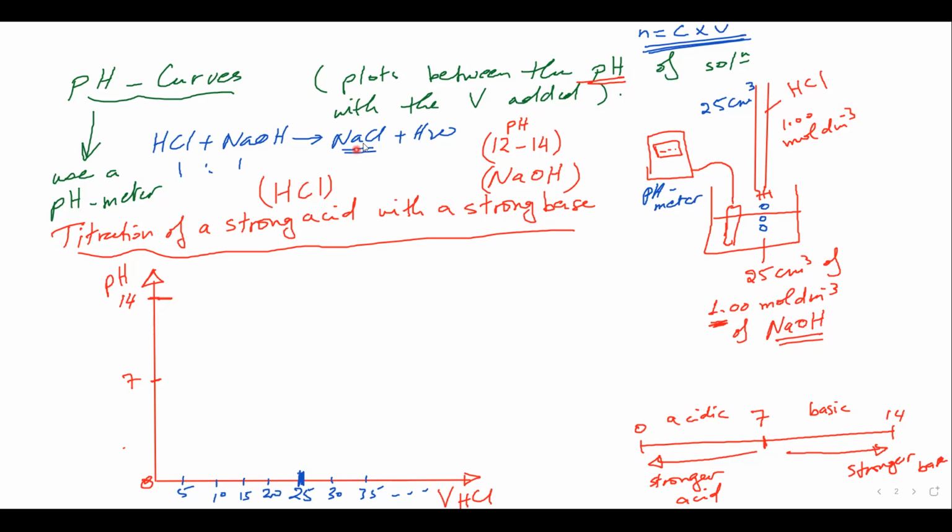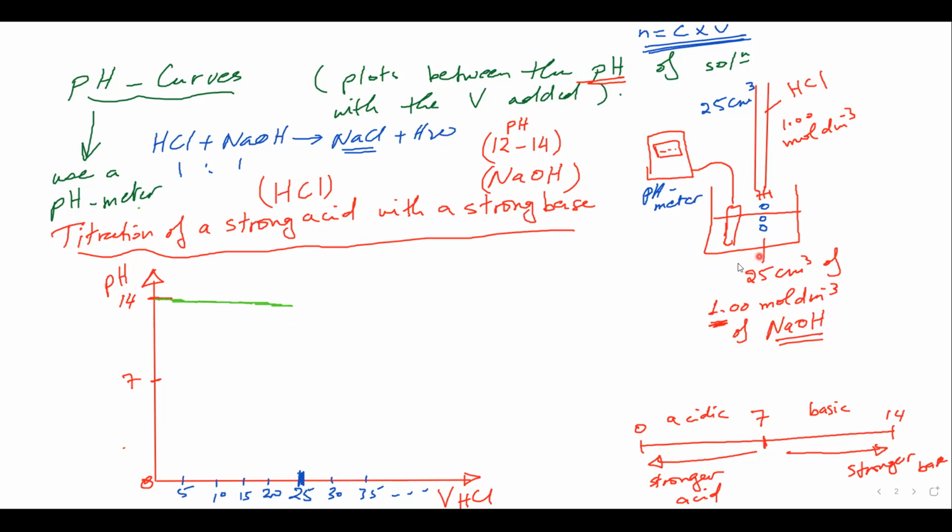The sodium chloride formed is neutral, so it will not affect the value of the pH here. But we will see that the curve will start to decrease a little bit. It does not decrease a lot, it decreases by a small amount. Why? Because our solution is still a strong base.